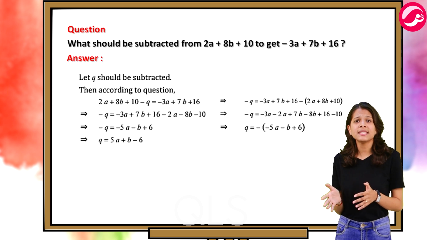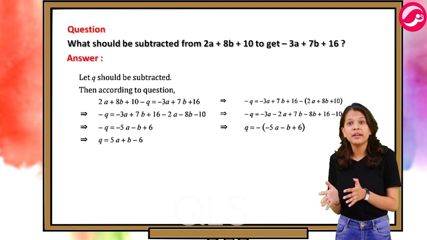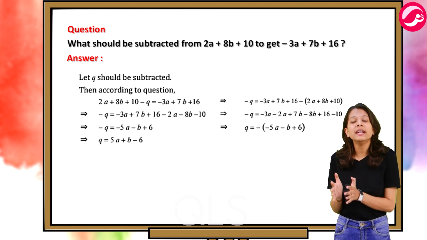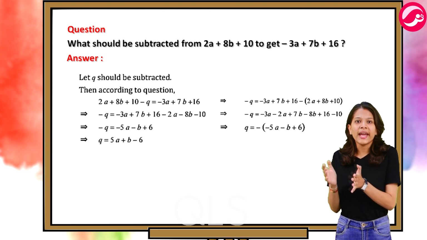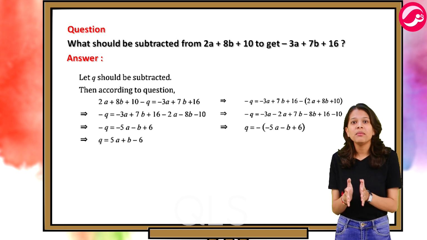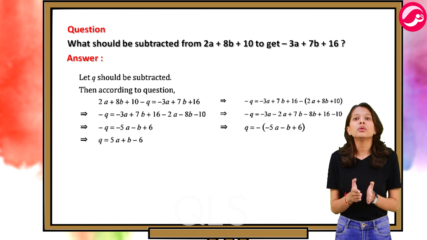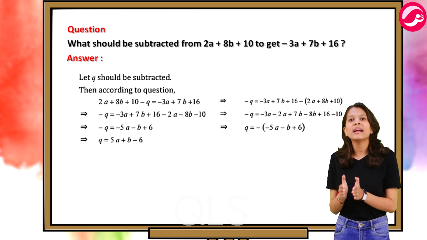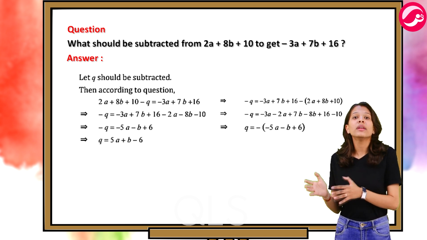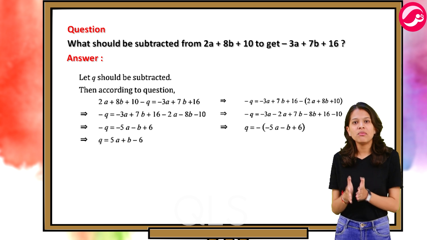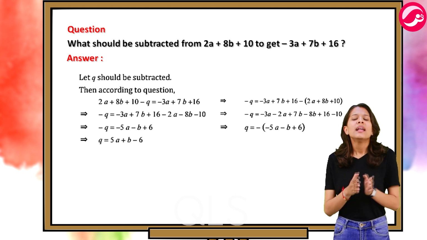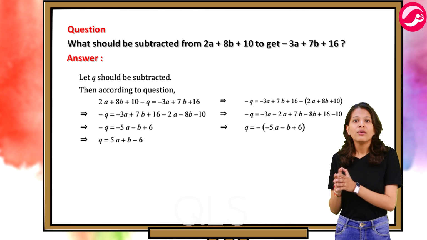Now the next question says, what should be subtracted from 2a plus 8b plus 10 to get minus 3a plus 7b plus 16. I repeat, the question says, what should be subtracted from 2a plus 8b plus 10 to get minus 3a plus 7b plus 16. So let q be subtracted from 2a plus 8b plus 10.